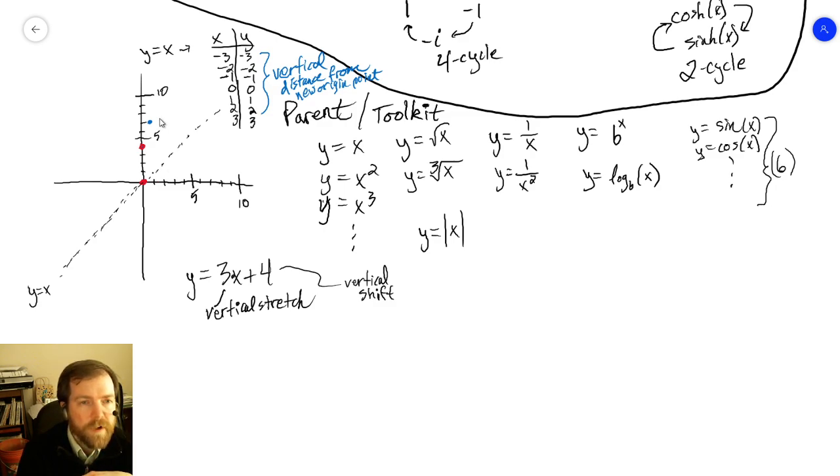Over 2, up 6. Over 3, up 9, etc. All right, well, that also means that we can go in the opposite direction. Left 1, down 1 now becomes left 1, down 3. It's now going to be over here.